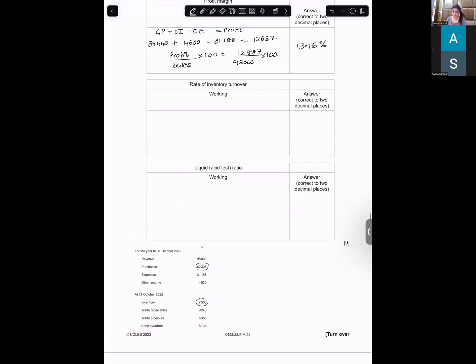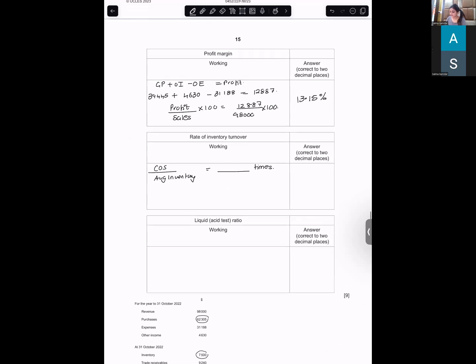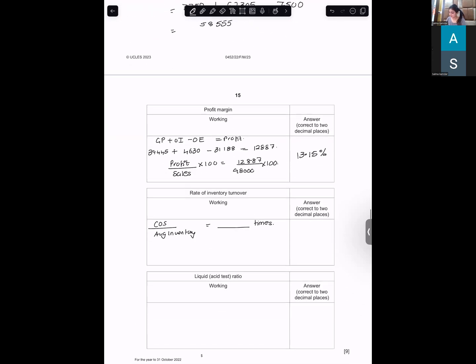Inventory turnover ratio. What is the formula? Cost of sales divided by average inventory, and the answer will be in times. Your cost of sales, calculated above, is 58,555. For average inventory, opening inventory is 3,750, we add closing inventory and then divide by 2.